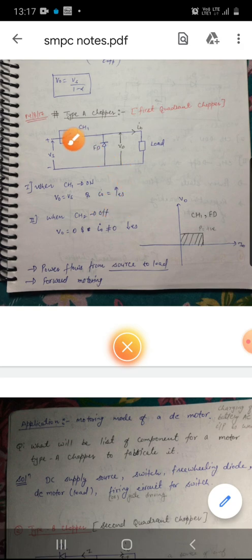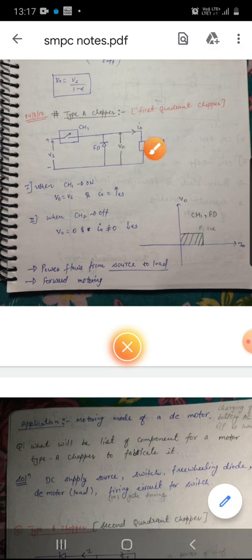Okay, when this Ch1 is off, this switch is in off condition, and this is open circuited. Hence, if this is an inductive load, the inductor has stored energy when the switch was on.